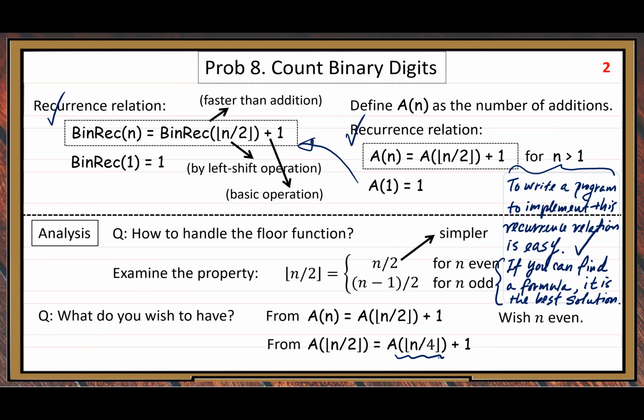Even if n is even, we cannot say n/4 is another integer, right? That means the floor function cannot be removed directly. Then let us apply our freedom another time. This time we wish n/2 is an even number, then the second floor function can be removed, and so on.